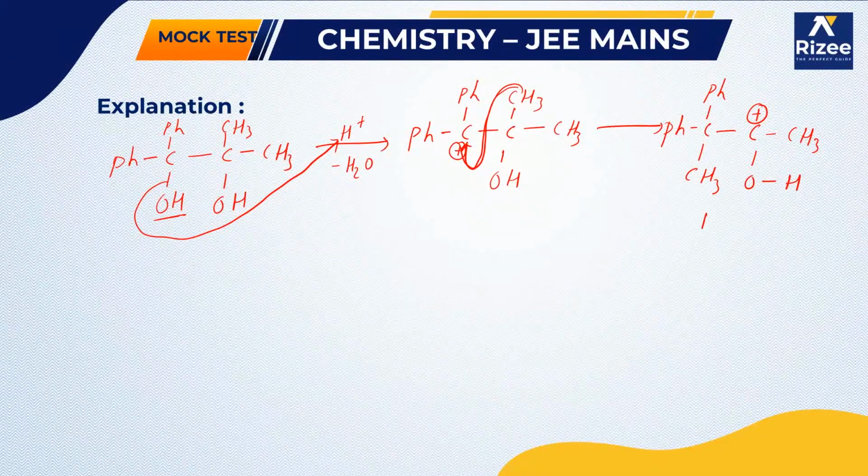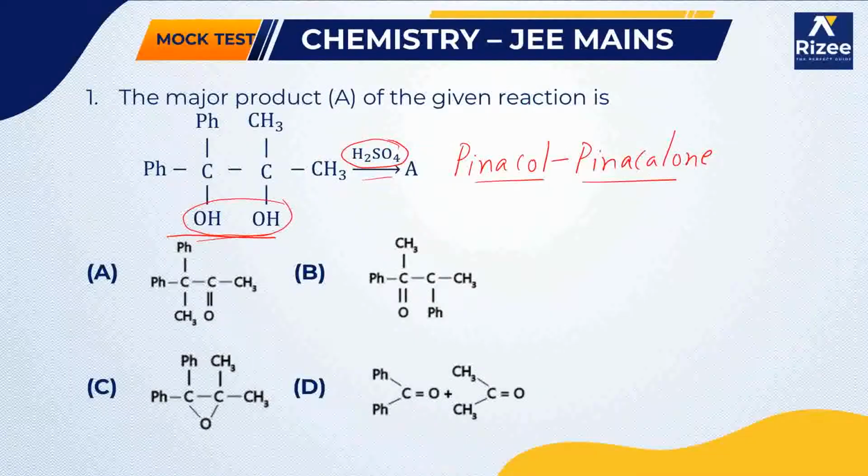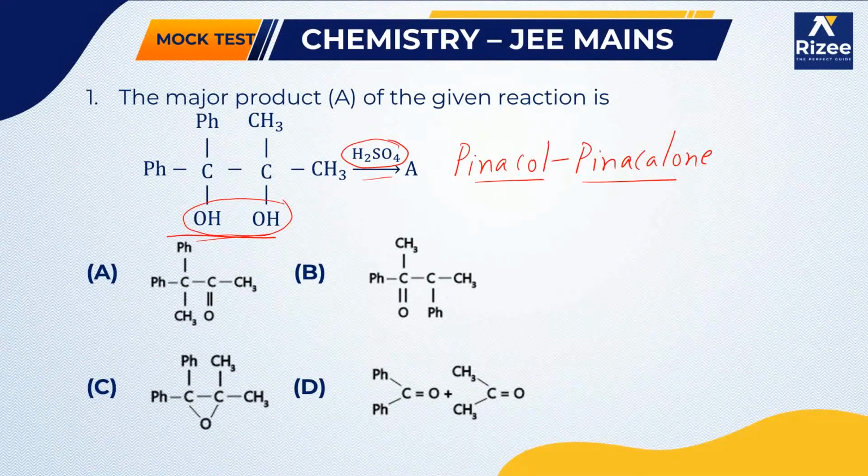Now, this hydrogen will leave the oxygen, and the oxygen will attain a negative charge. So, the positive and negative can form a double bond. So, we get CH, CH3, C double bond O, H. This is our product now. Let us see the options. Which one will be our product? You can see this is the option. So, this is our product.